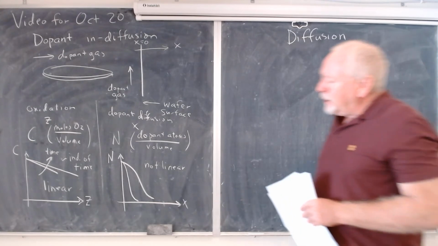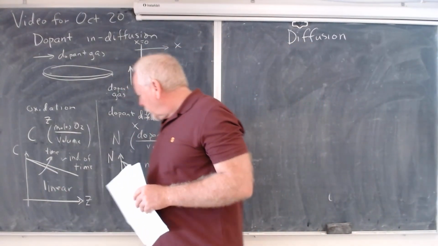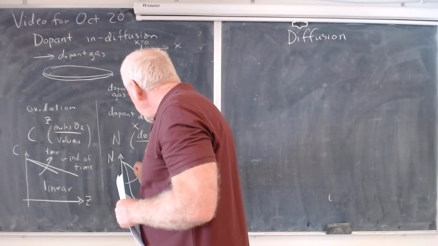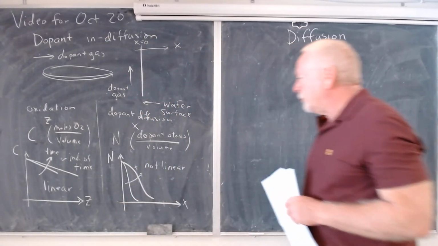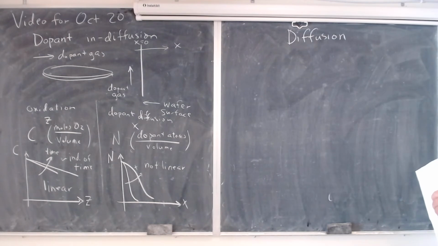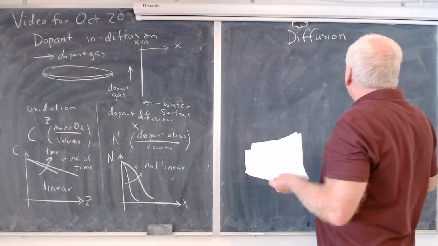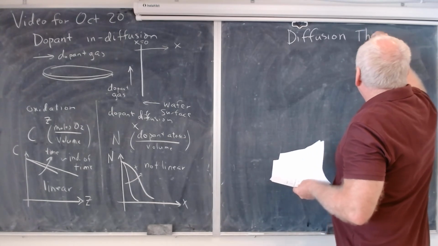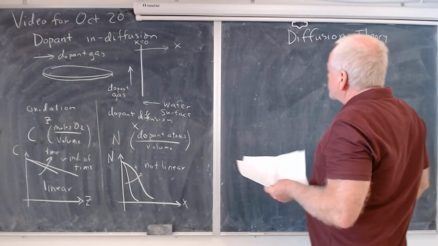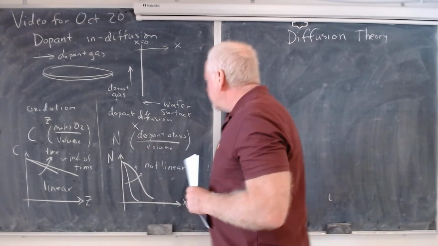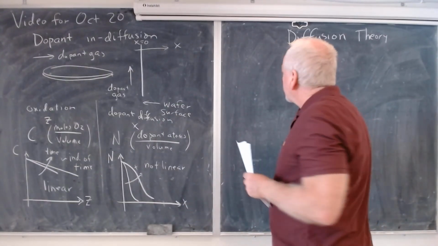We said, I'm just telling you it's going to be this linear profile here, and we won't worry about it at all. Now let's do full diffusion theory, because as you'll see, this is an approximation that is not valid for dopant.